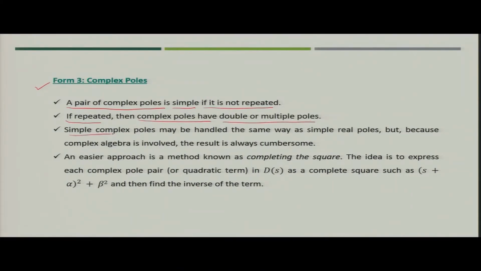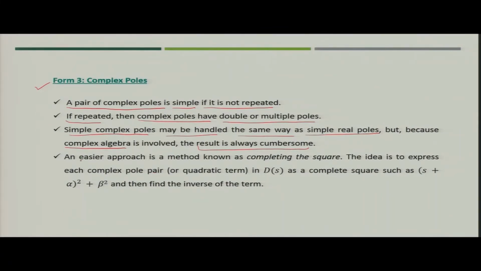Simple complex poles may be handled the same way we handled the simple real poles, but since we have complex algebra involved, the result may be a little bit cumbersome. So, we will use an alternative approach to find the inverse Laplace transform in case we have complex poles.